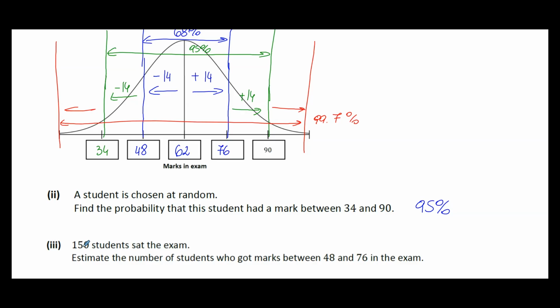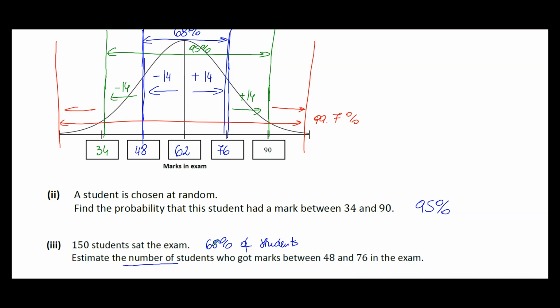Then we have 150 students at the exam. Estimate the number of students who got marks between 48 and 76. So 48 and 76, that's our first bracket, that's 68% of students. Does that answer the question? No, because we have to give the number of students.